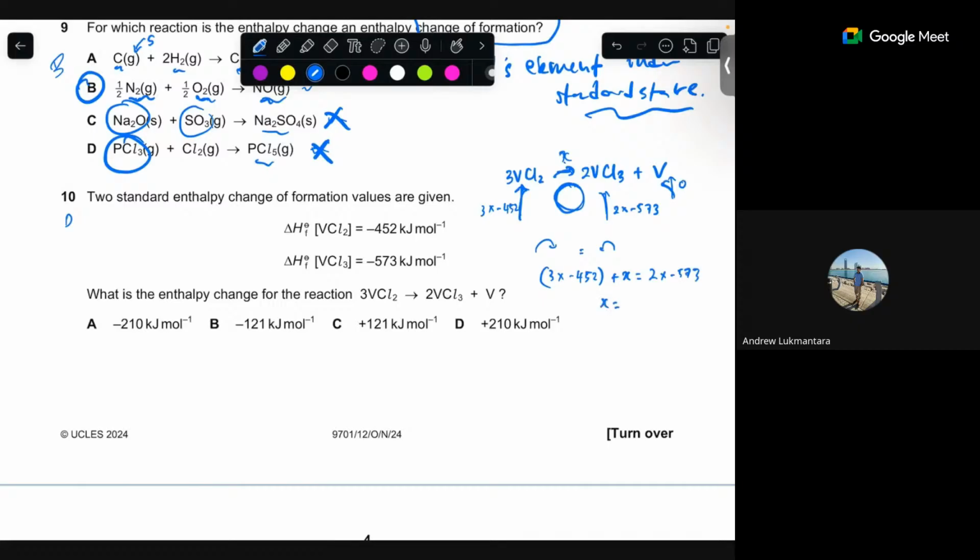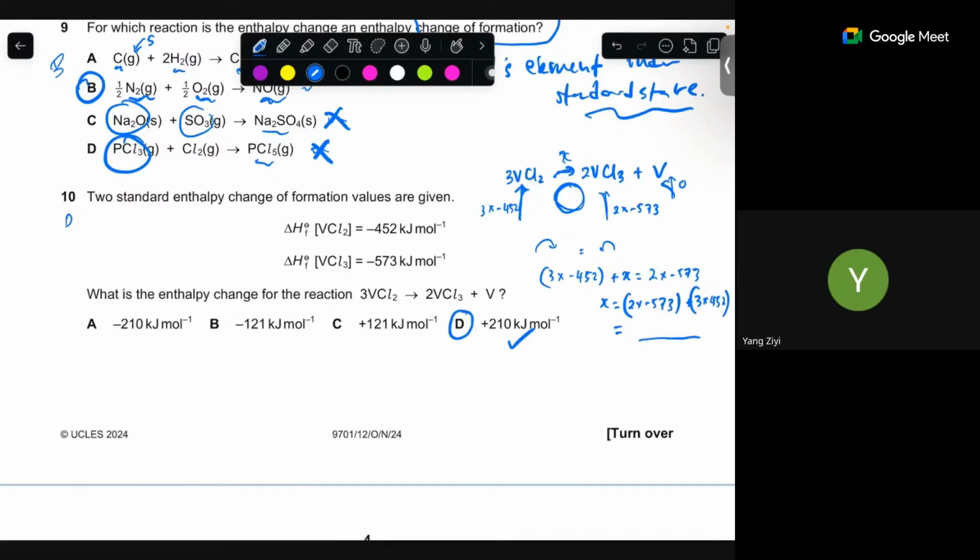So x equals 2 times negative 573 plus 3 times 452, becomes positive. You help me to calculate this. If you can confirm this is plus 210, then we will move on. 210, sir. Okay, so let's move on.